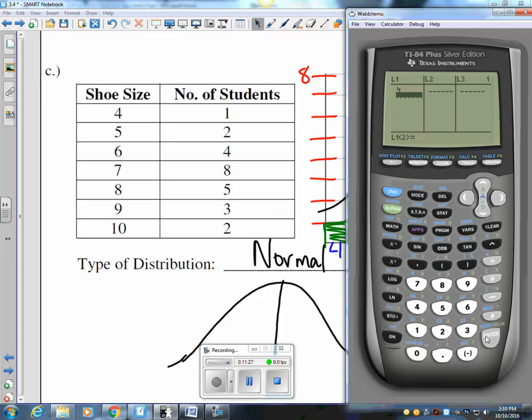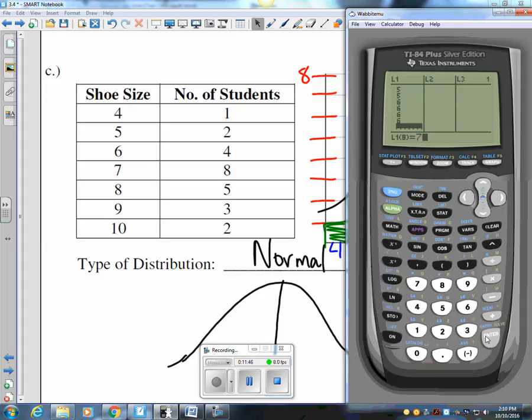How many people have a shoe size of 4? 1. I just type in 1, 4. But then for 5, I have to type it in twice because there's 2 students with a 5. Okay? And then you have to type in 6 4 times. And you get the pattern here.